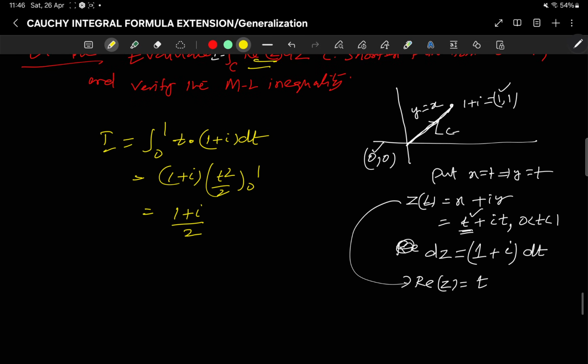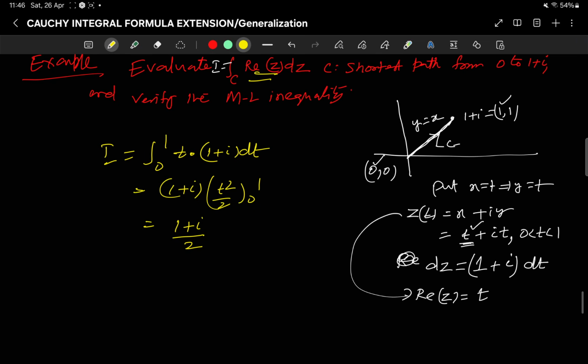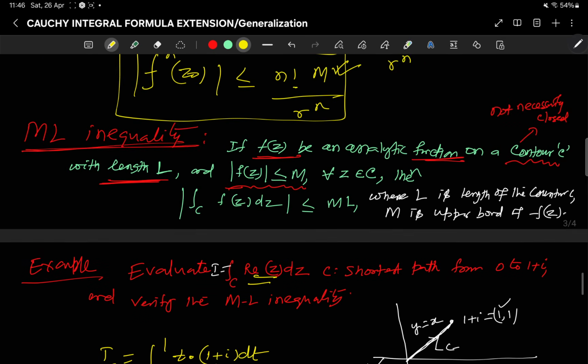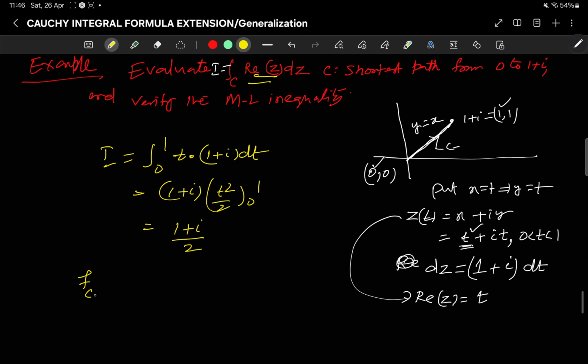So now, what is the modulus of the integral of f(z)? The ML inequality concerns the modulus of the integral over C of f(z) dz. If I evaluate the modulus of this, it will be the square root of 1 squared plus 1 squared by 4.